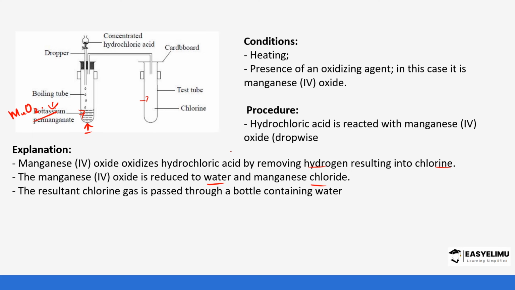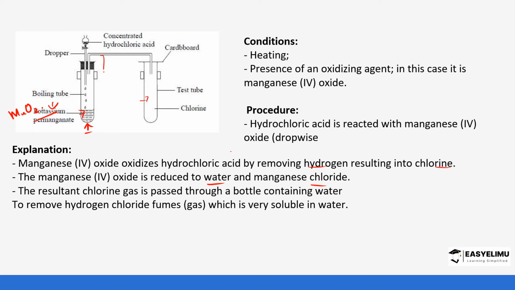So the resultant chlorine gas is usually passed through a bottle containing water. So in our setup, we would introduce another conical flask containing water.